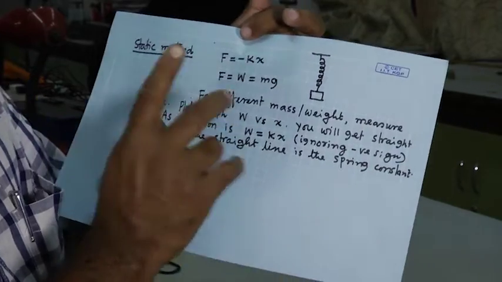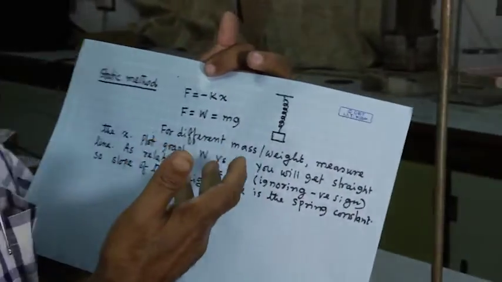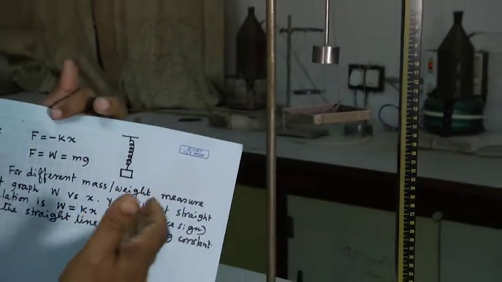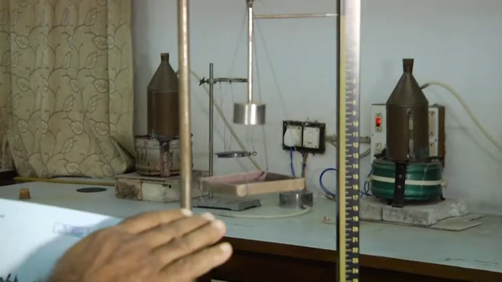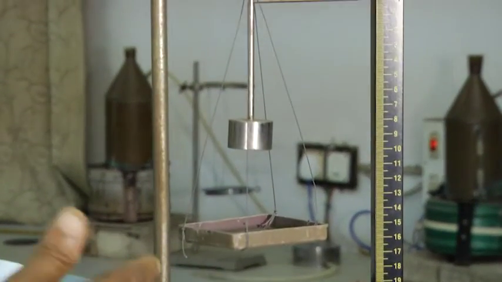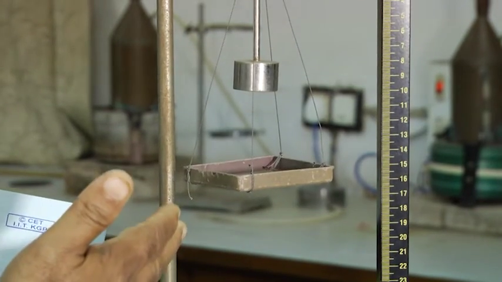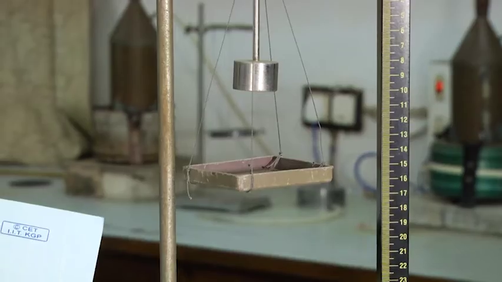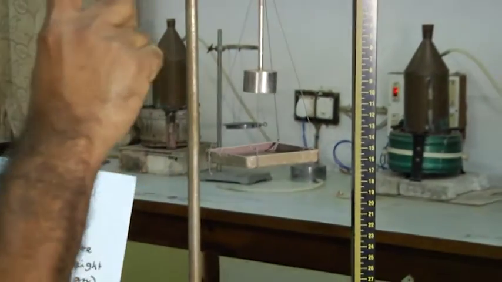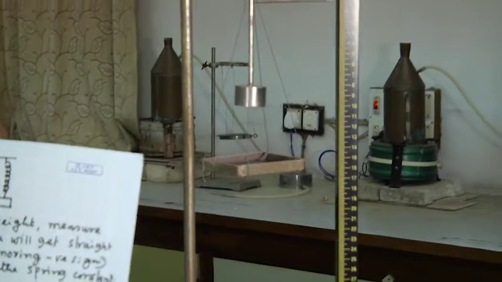For the force F, we can use the gravitational force. If we apply a load of mass m, the force will be mg. For mg force, what will be the elongation of the spring, that is what we have to find out.